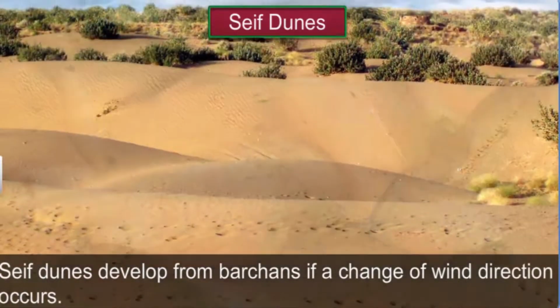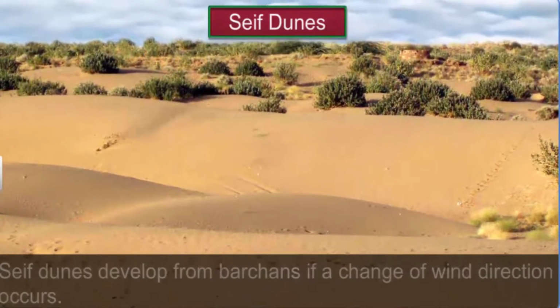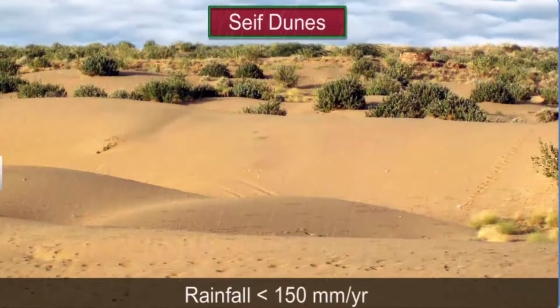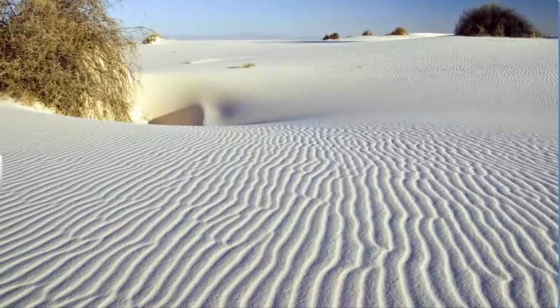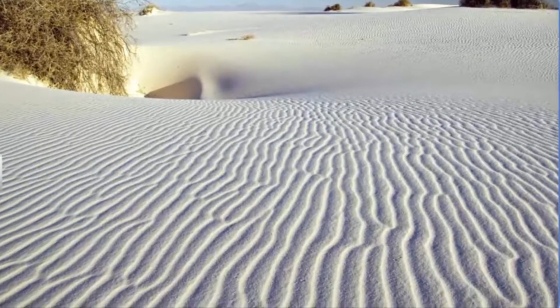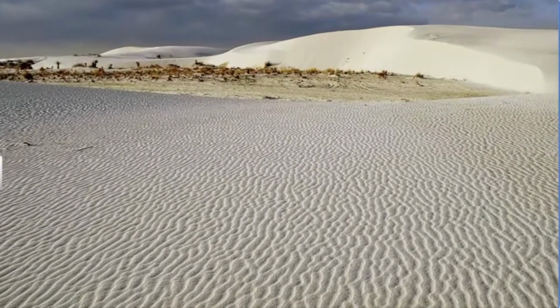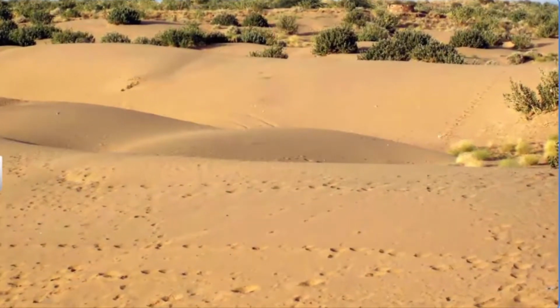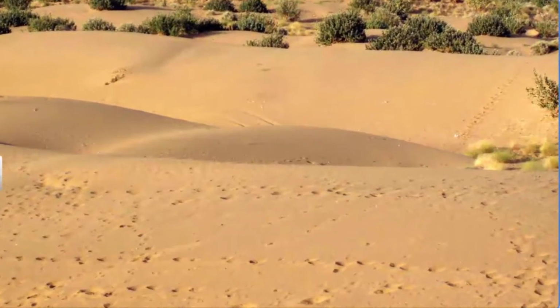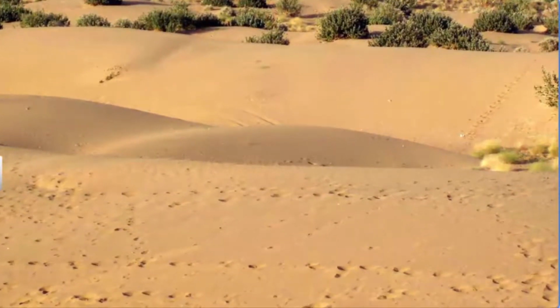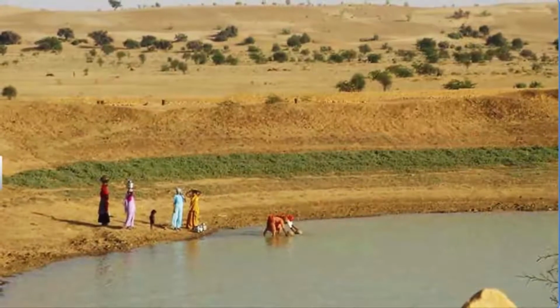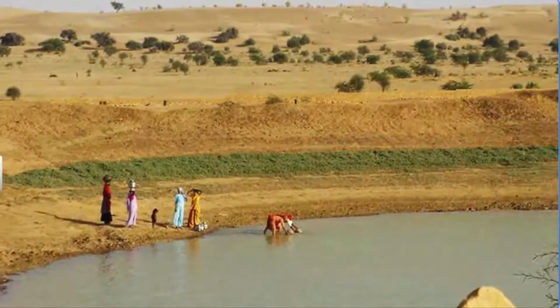The rainfall in this region is quite low, below 150 millimeters per year. Understandably, the arid climate is not suitable for plants to grow. Therefore, the vegetation cover in this region is sparse. During the rainy season, though, some streams do appear.